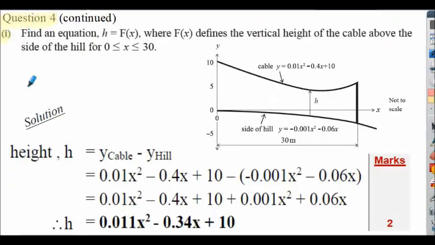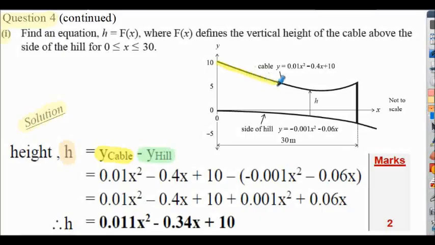Question 4, part 1 solution, continued here. So essentially to find height h, it's the y dimension of the cable above the x-axis, and because the hillside is below the x-axis, it's a negative value. We effectively have to take away the y value for the hill. And essentially that will mean we will be adding up the two equations, which of course we need to do.